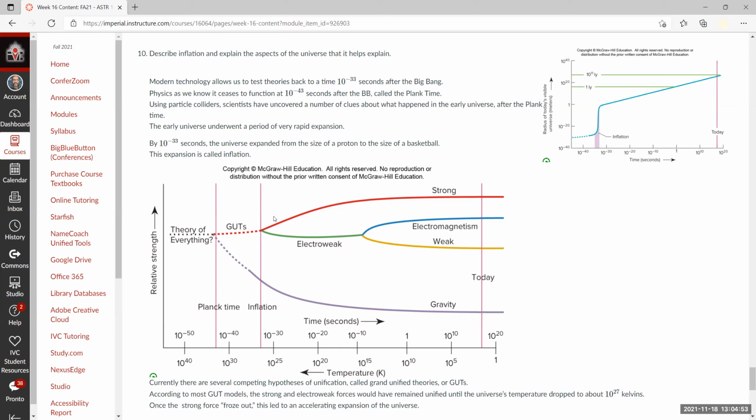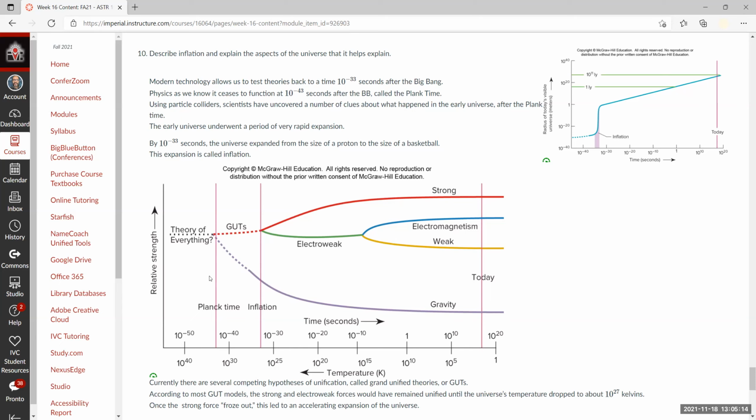So the theory right now predicts that these two also were unified at around 10 to the negative 30 seconds, when the temperature was extremely high, of the order of 10 to the power 26, probably 27 Kelvin. Even further than that, the force of gravity was unified with them.